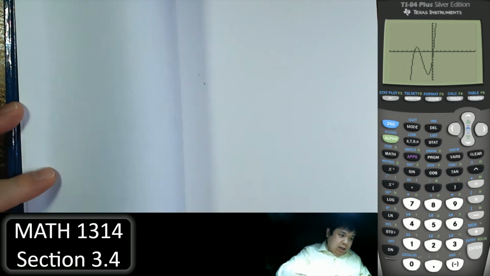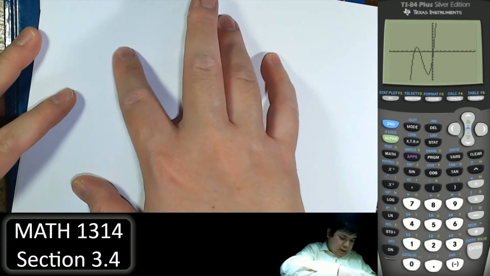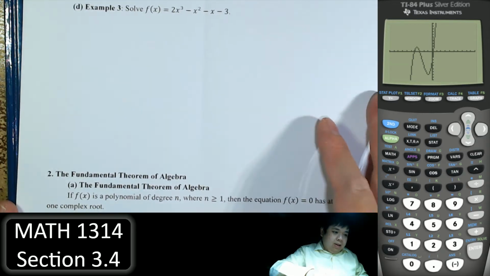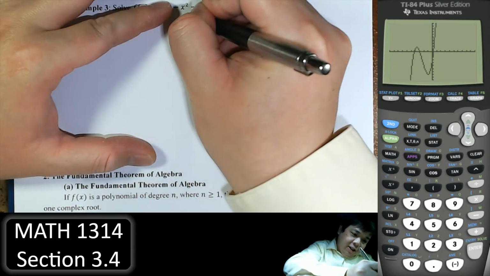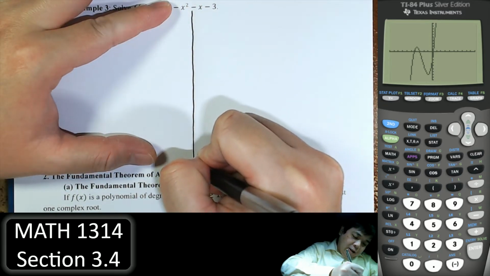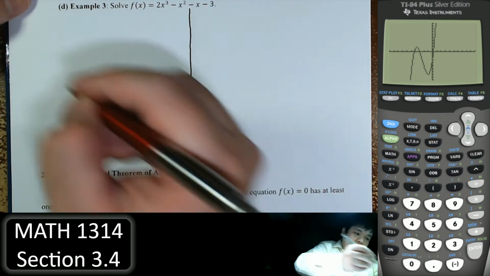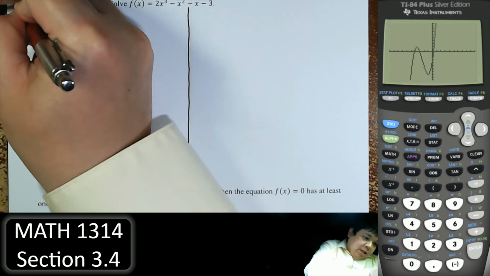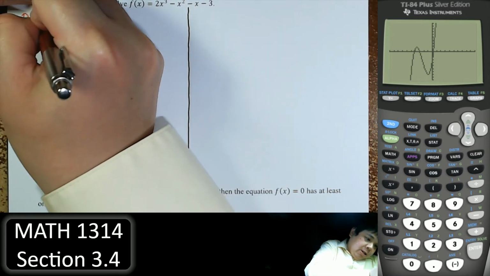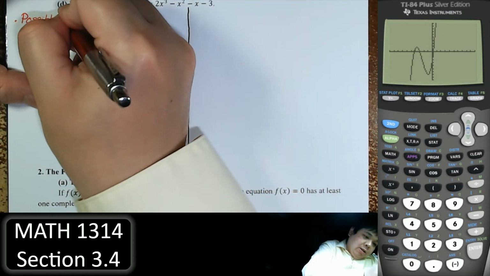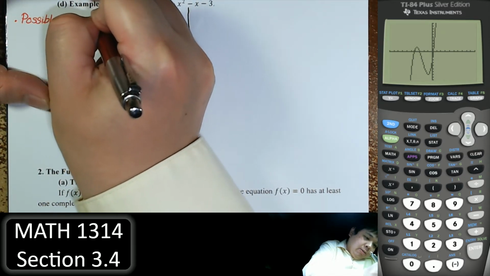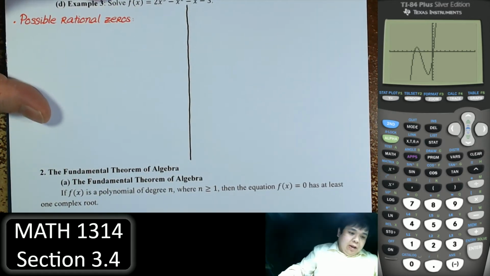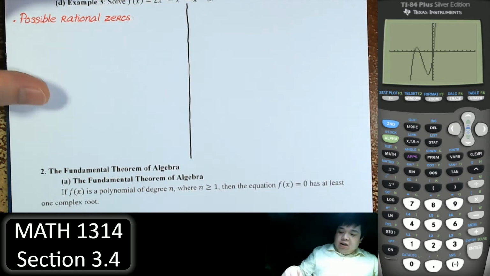Again, this will probably take a lot of space, so we're just going to cut the page in half. So first, we're going to find the possible rational zeros. So the factors of the constant divided by the factors of the leading coefficient.